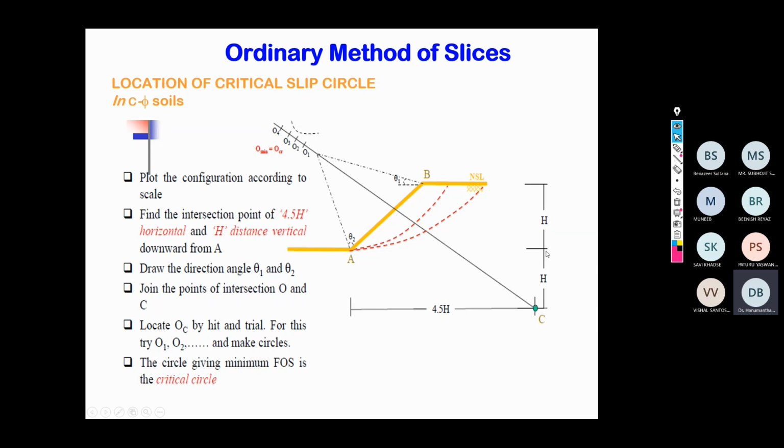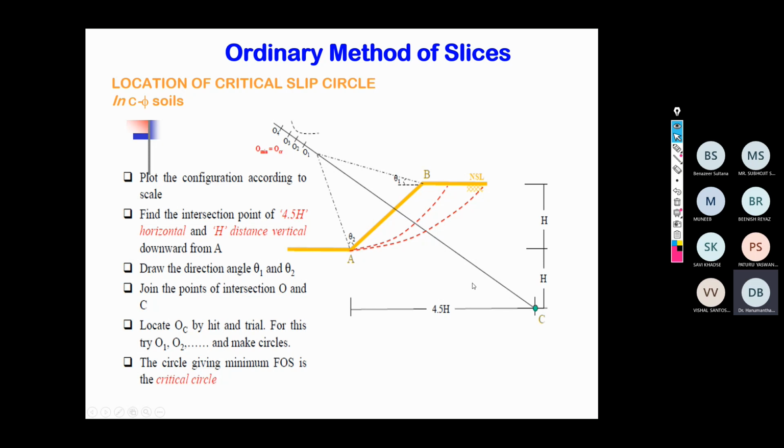Next, from the toe, identify a length of 4.5 times the height. The vertical line equivalent to h and the horizontal line corresponding to 4.5 times h will coincide at some point C. With C as a reference, draw an inclined line such that it cuts the slope face AB at the middle.